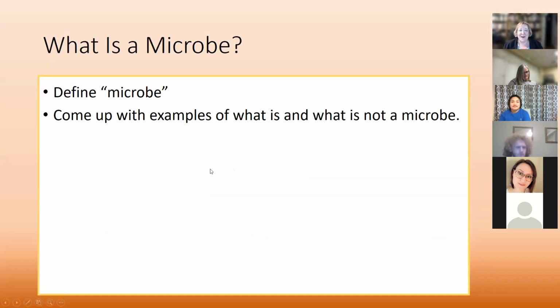Okay. All right, let's go on to what is a microbe. A microbe is anything that's too small for us to see with the naked eye. Now, in the book, they make a distinction between microbes that are non-living that we study in microbiology, viruses. We're going to get into prions in chapter 6.